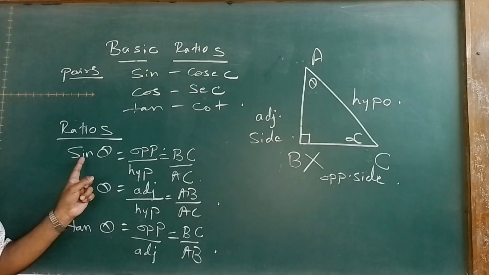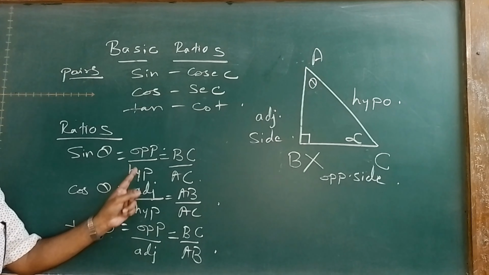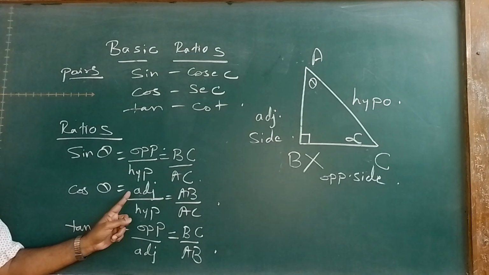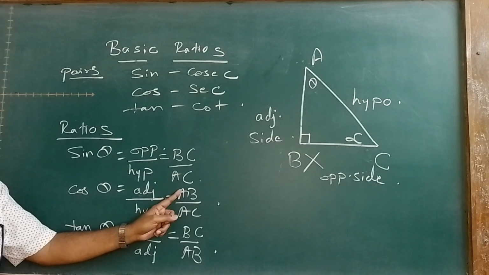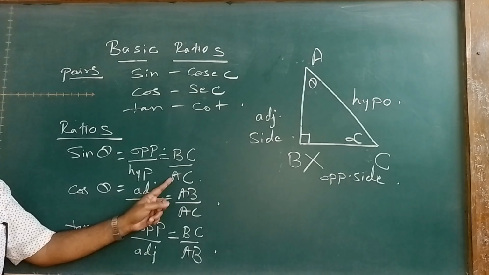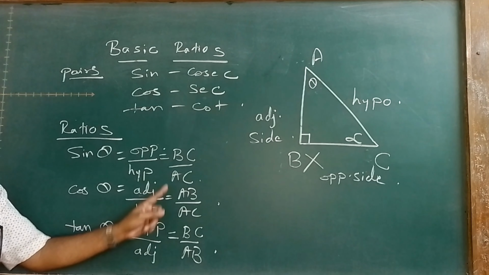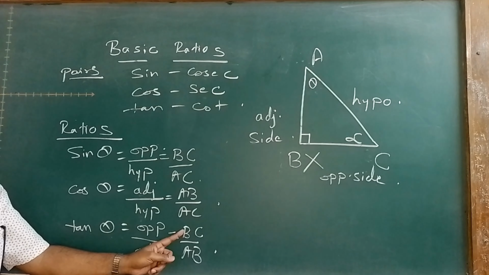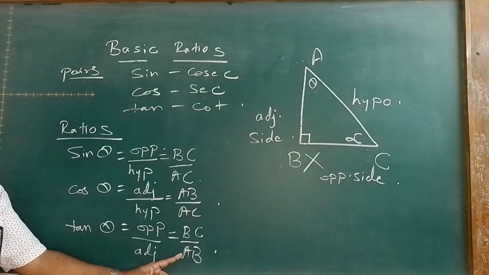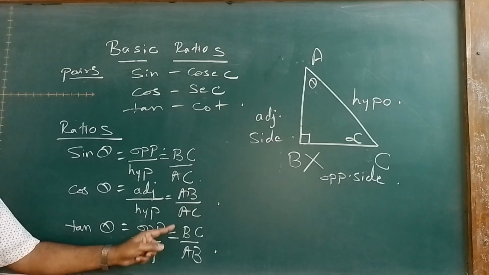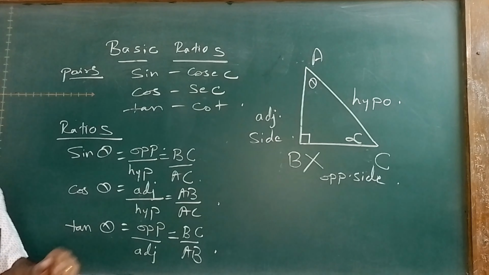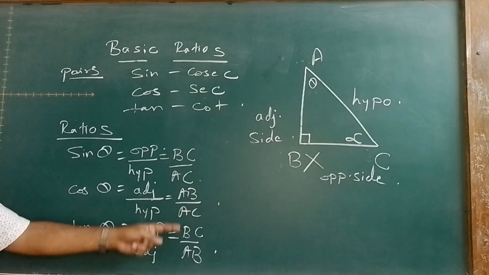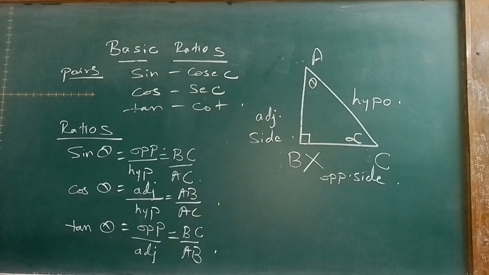I repeat, sin theta is opposite upon hypotenuse, BC upon AC. Cos is adjacent upon hypotenuse, AB upon AC. Remember, AC is already used twice, so it will not be repeated. Tan will be opposite upon adjacent, that is BC upon AB. Check the three sides, each is twice. BC is twice, AC is twice, AB is twice. So those are the correct answers.